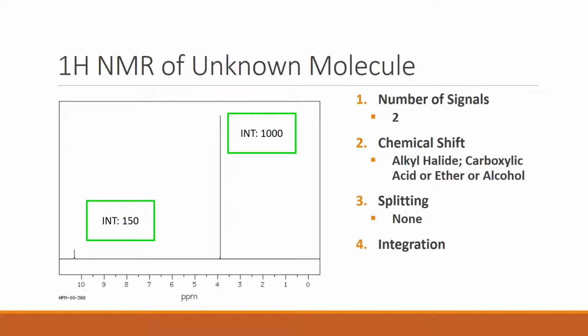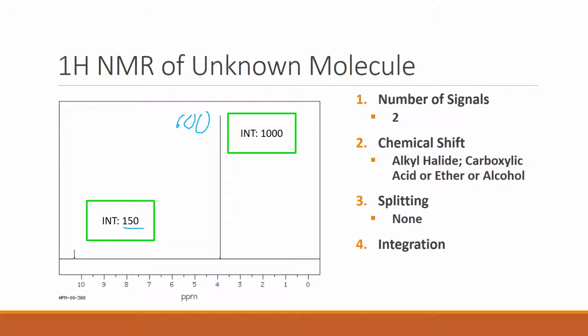All right, the next thing to look at is integration. Now, integration is a value, the data that's given back. And actually for this one, we got kind of a strange integration. Typically for the integration, you're going to look at the values that the data gives you, and you're going to be able to make a ratio with that. So for example, let's say this one was the 150 here, and this one was 600.